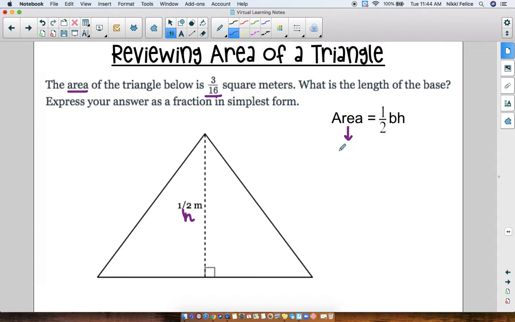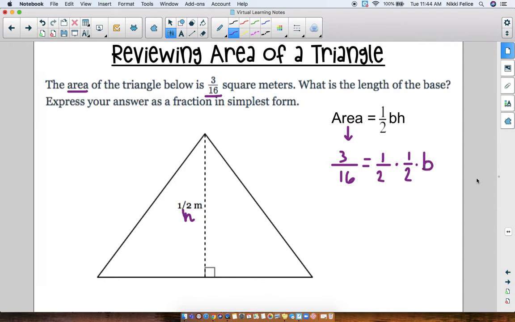The area is 3/16, and that equals 1/2 times the base and the height. Well, I know the height, that's also 1/2, but I don't know the base, so times b.